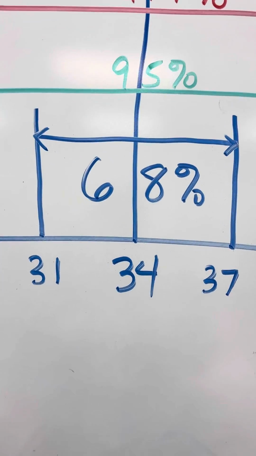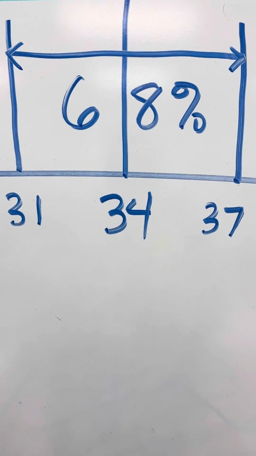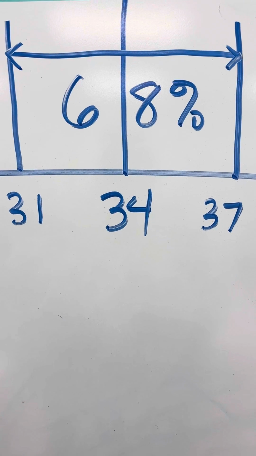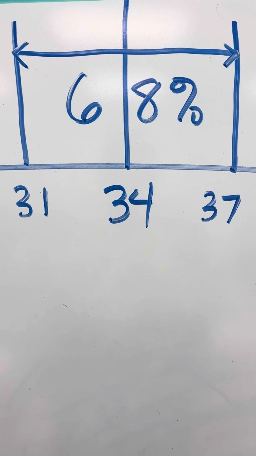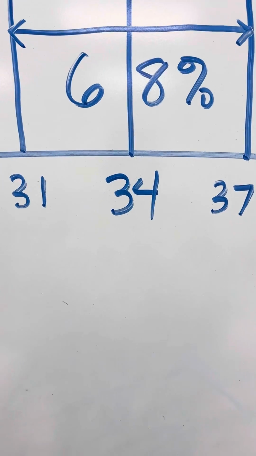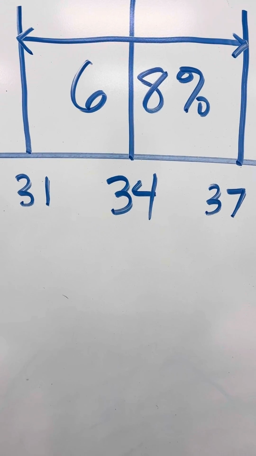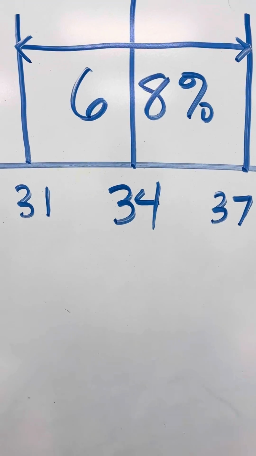So all data between 31 and 37 would be 68%. So if I ask what data points are 68% of the data, you would say 31 and 37. If the question was, what percent of the data is between 31 and 37, you'd say 68%.